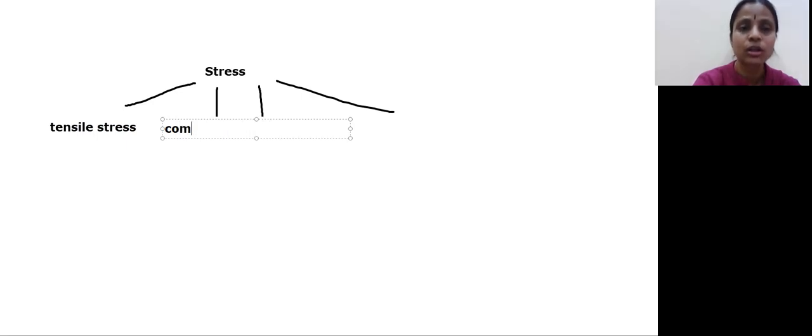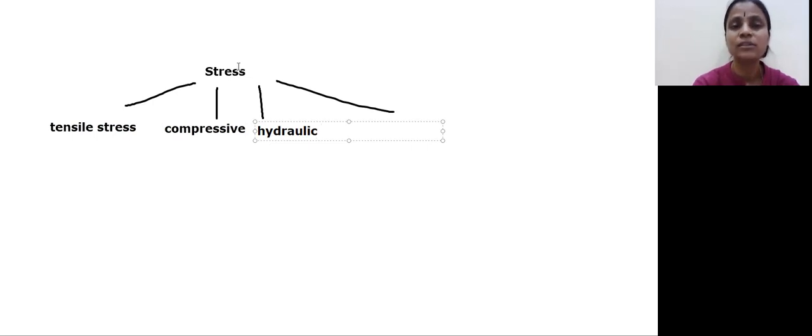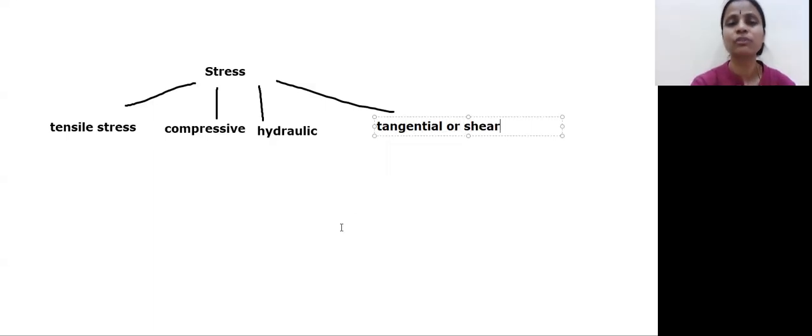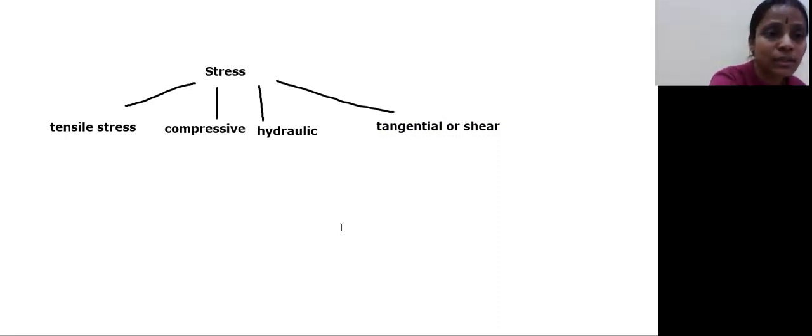The other one is going to be hydraulic stress, and the last one is going to be tangential or shear stress. So these are the 4 types of stress that we are going to talk about: tensile, compressive, hydraulic, and tangential.